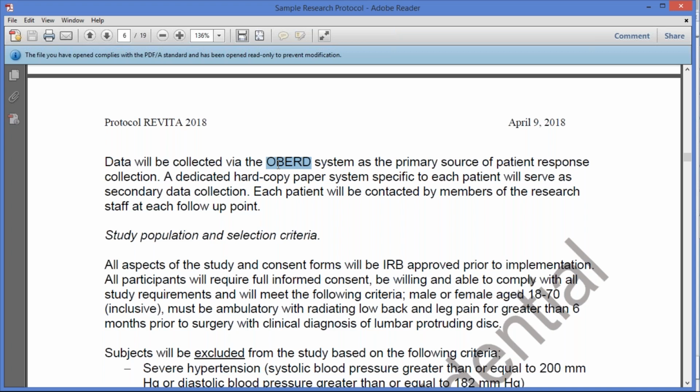Sometimes they may depend completely on electronics, sometimes they may completely use paper forms. Here it is mixed. As a primary source, they're using electronic capture. As a secondary source, they're using paper. In that, the physicians will collect the ortho-related data.